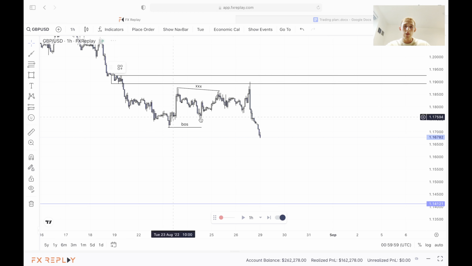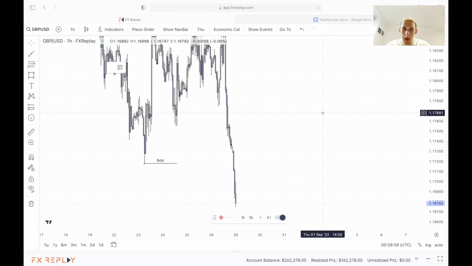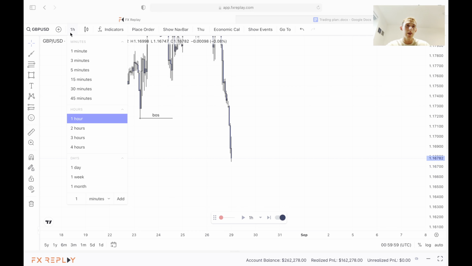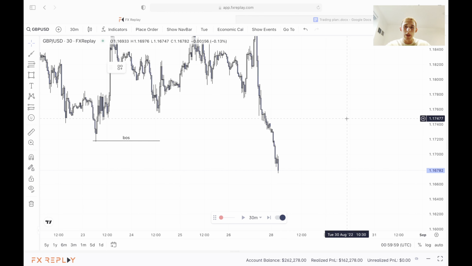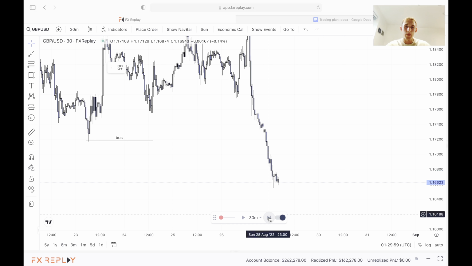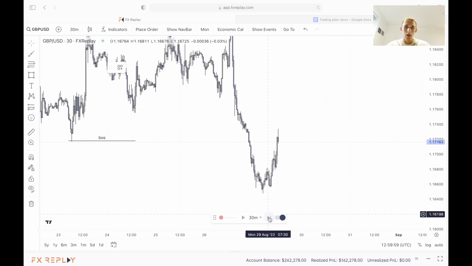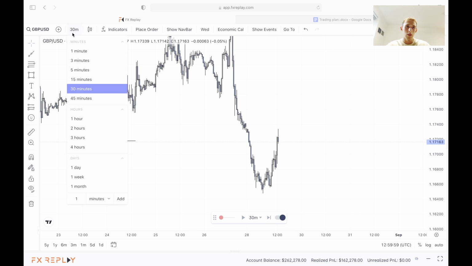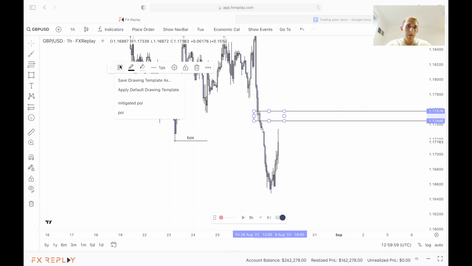So yeah, let's continue. Now we'd obviously want to see another pullback into some sort of area. At the moment, not really seeing too much, so we'll just play price. One level we could see, we have this supply.